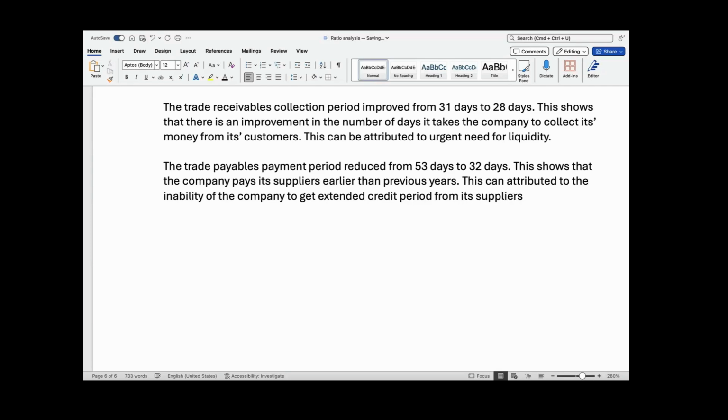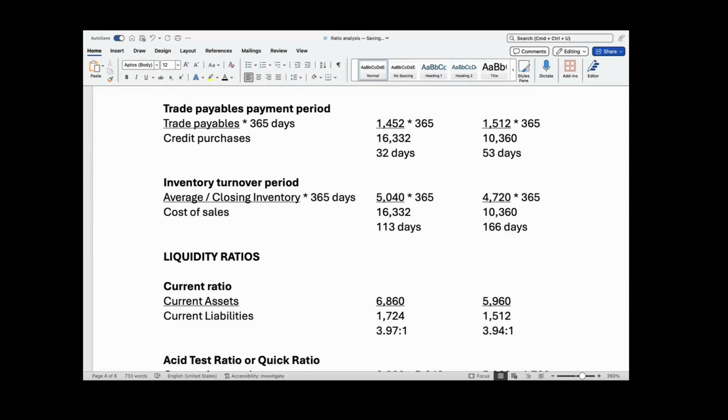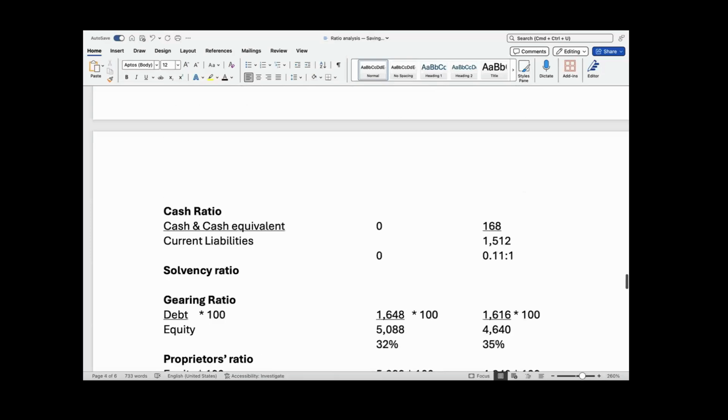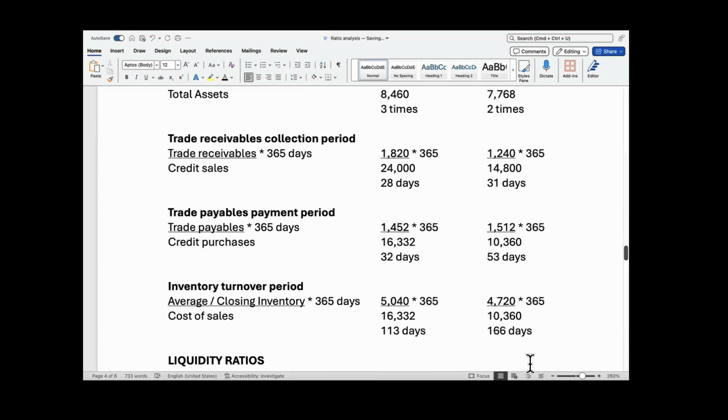Okay, maybe probably the suppliers don't want them to, or, well, don't let me say that, because their inventory turnover is not so impressive. I want to say probably maybe they are selling very fast. Okay, I think they are, because it's improved. It improved from this to this.